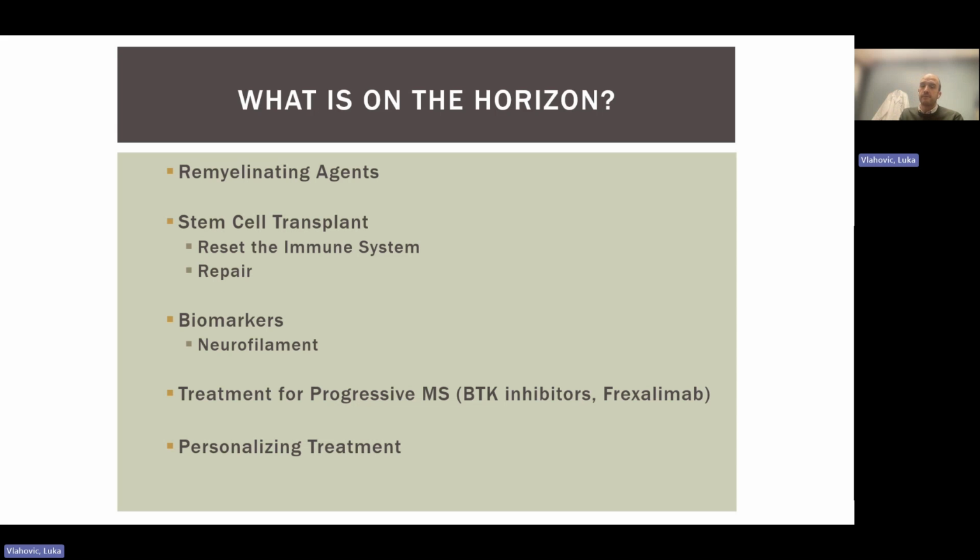I put frexalimab, for which we are currently doing clinical trials at our institution, for both progressive and relapsing MS. We're excited about that one as it has a completely different mechanism of effect, not previously tried in MS. And then the ideal goal is to personalize treatment and find even better biomarkers, so we can personalize treatment for every patient. I think as of now, MRI is still the best biomarker that we have.